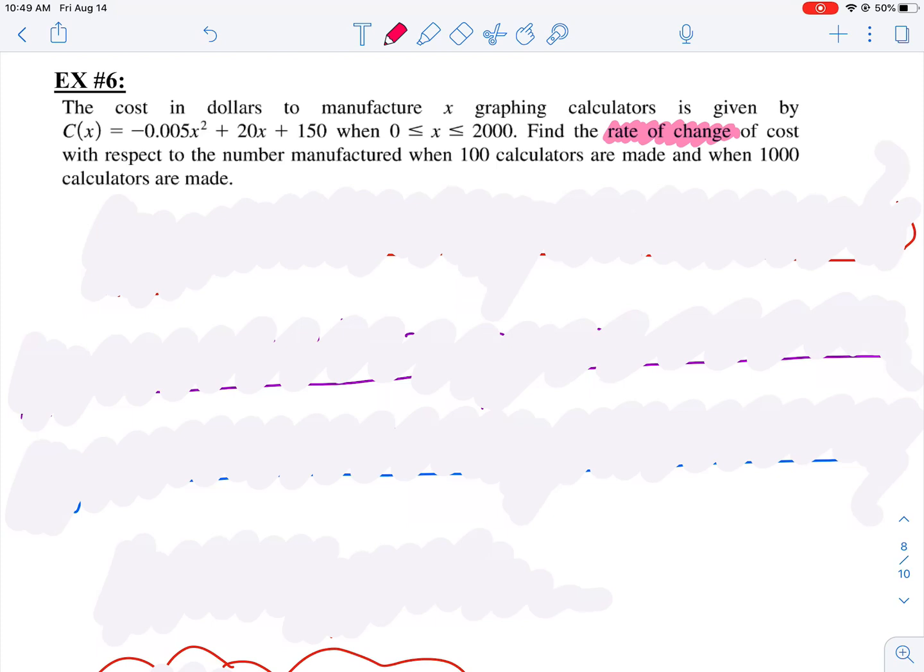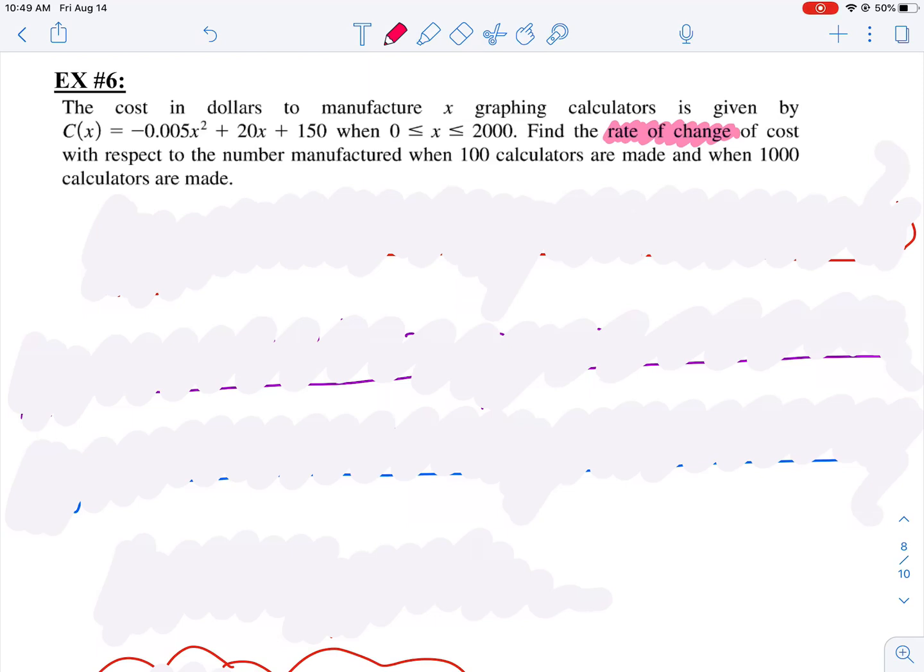So it says here in example number 6, the cost in dollars to manufacture x graphing calculators is given by this equation. So x is the number of calculators, and C of x is the cost to manufacture the calculators, right? It says here to find the rate of change of the cost with respect to the number manufactured when 100 calculators are made and then when 1,000 calculators are made.